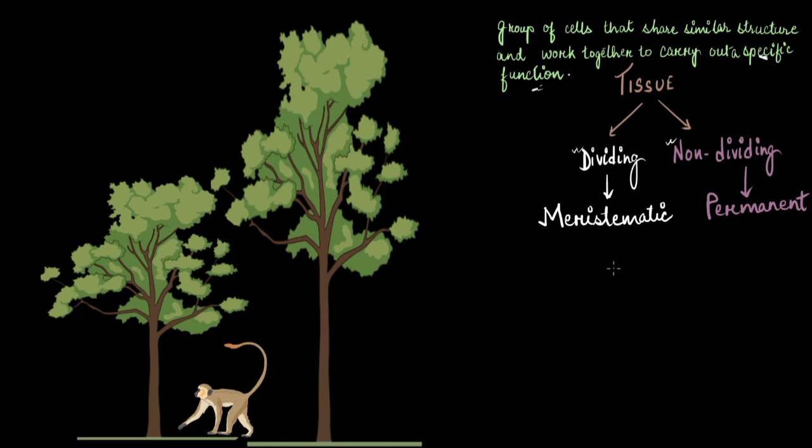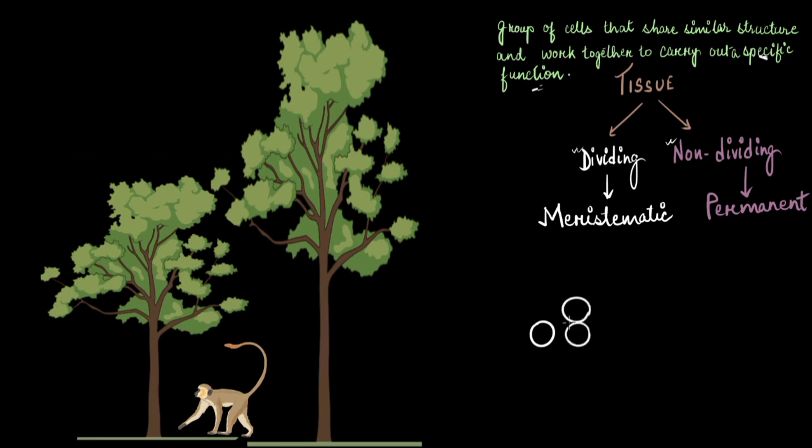So what goes on? What do you think? Well, here is the explanation. The permanent tissues are formed from the meristematic tissue itself. Yes, every time the cells of the meristematic tissue divide, it will divide into two, right?